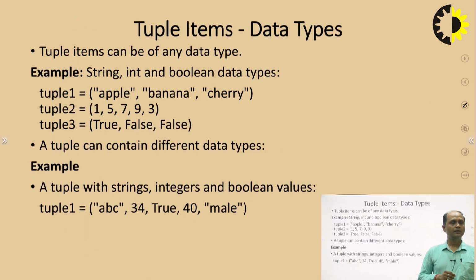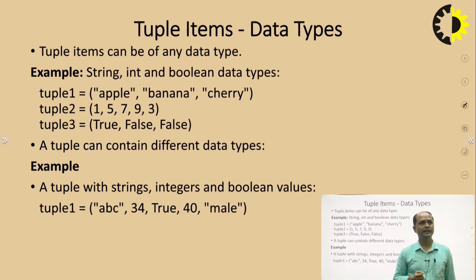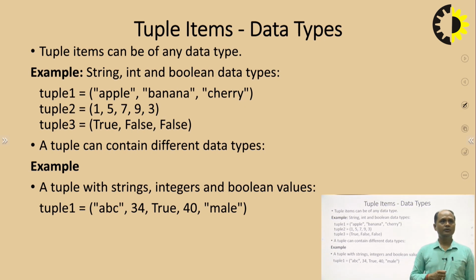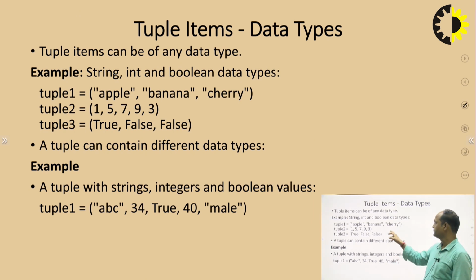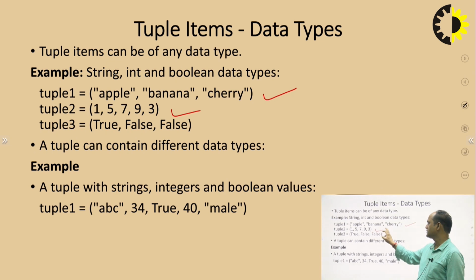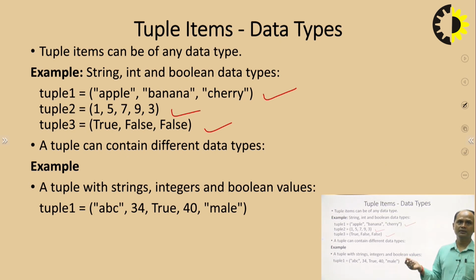We can use different data types in tuple data items: string, integer, and boolean data types can all be used in tuples. Suppose tuple 1 contains string type values, the second tuple contains integer type values, and the third tuple contains boolean type values.